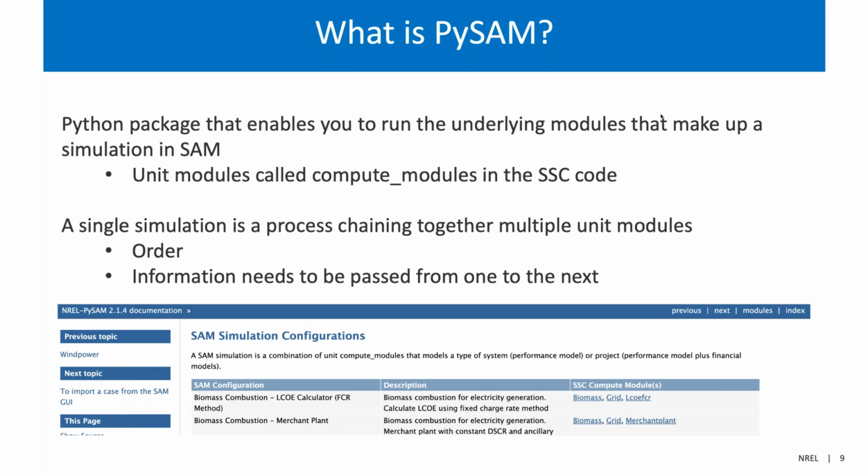So in SAM, a single simulation is a process chaining together multiple unit modules. Therefore, the order that you run these modules matters because it's important what information needs to be passed from one model to the next.